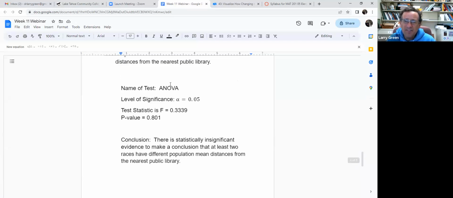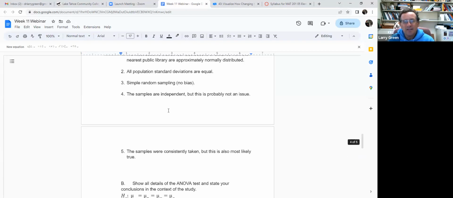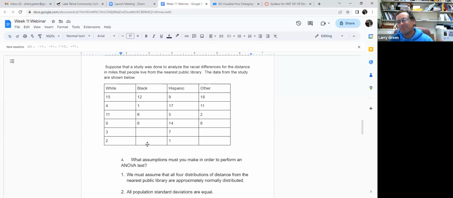Just a note, one big reason why we probably failed to reject, what do you think the most likely reason is? Yeah, we have a sample size of 4. That's never okay.